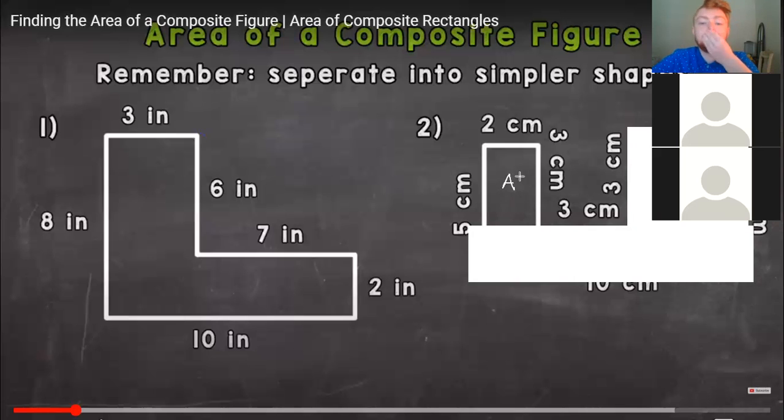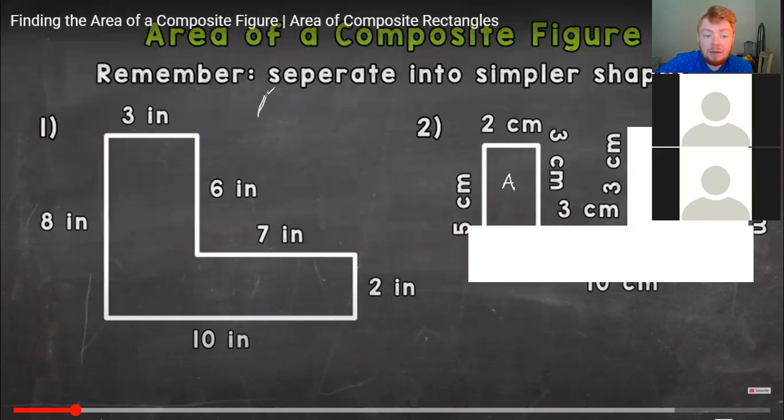So for A, the other two don't exist right now. We're on rectangle A, okay? What is going to be my length and width of just this rectangle? Anybody? Remember, area is just length times width.